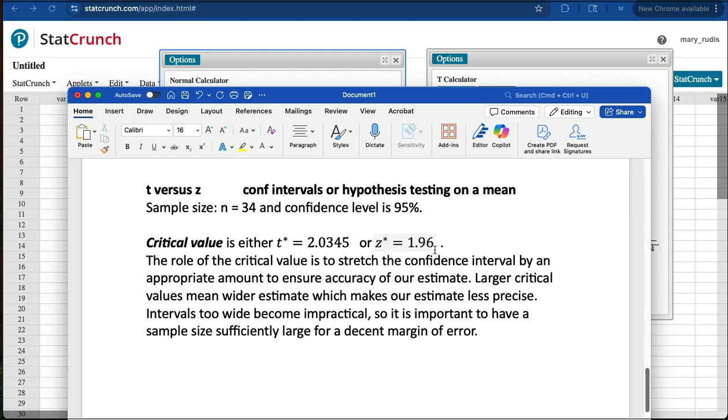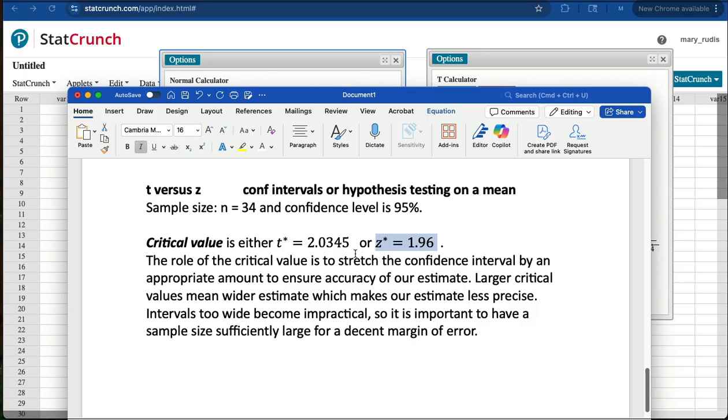It's 1.96, which means that if we can get away with it, we would rather use the Z star or the critical Z rather than the critical T. But as we're going to find out very soon, if we do want to be able to use the critical Z, there's more requirements on our data in order to be able to justify using that on a mean.